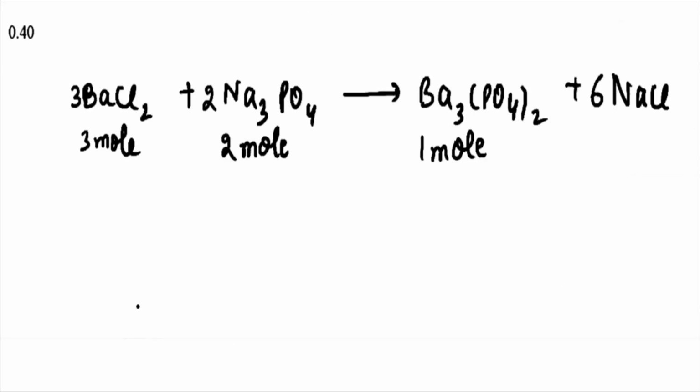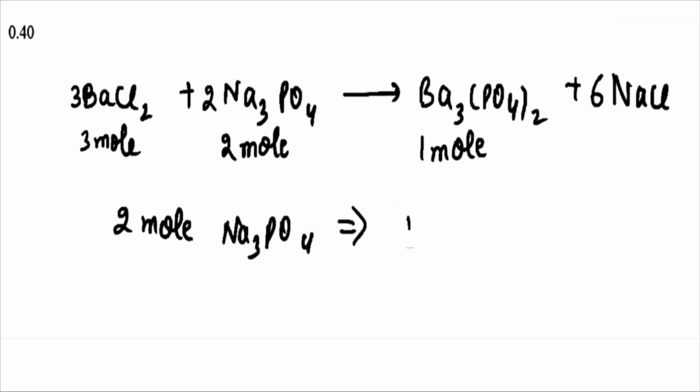So 2 moles of Na3PO4 will give 1 mole of Ba3(PO4)2. As we see, here Na3PO4 is the limiting reagent.